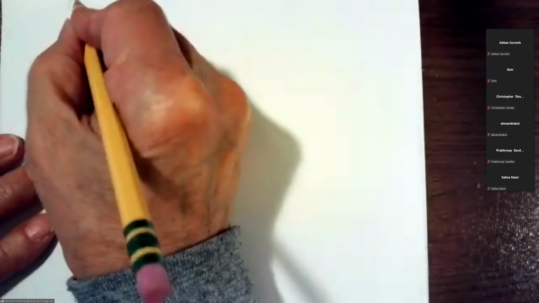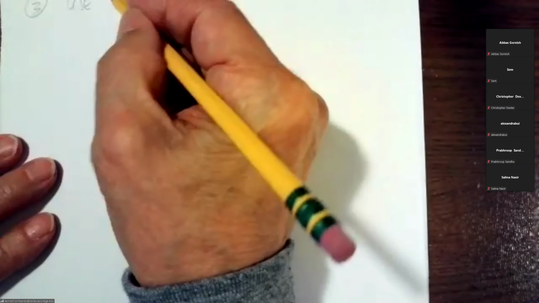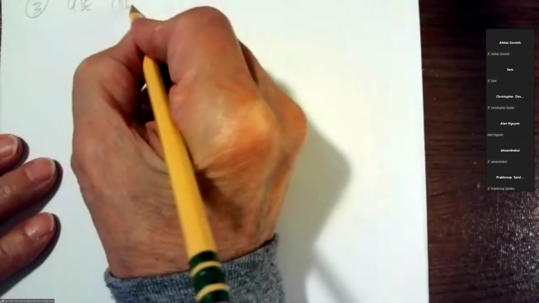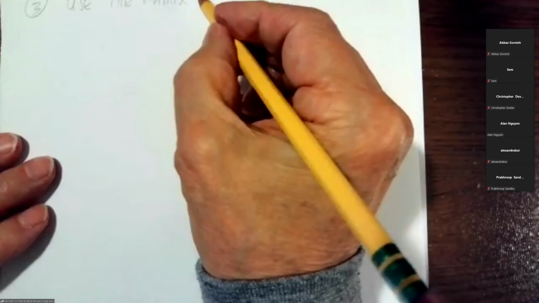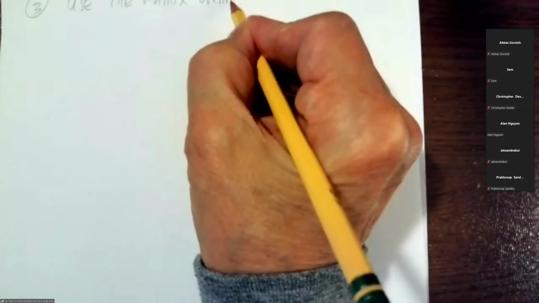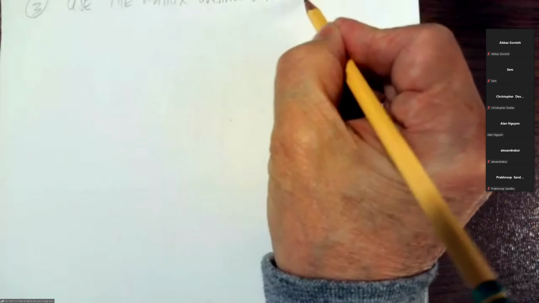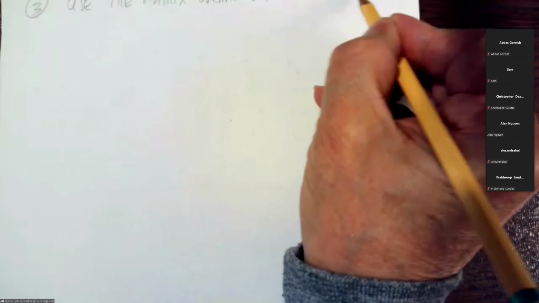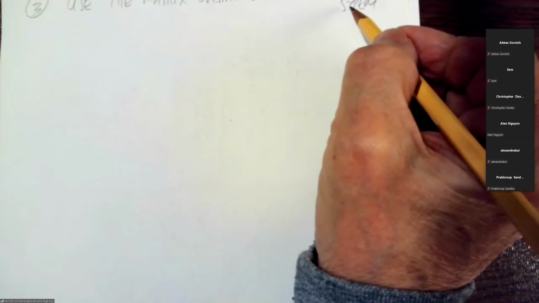For instance, the problem says, and I'm going to call this problem 3, use the matrix operations to solve the system. The system of what? The system of equations.